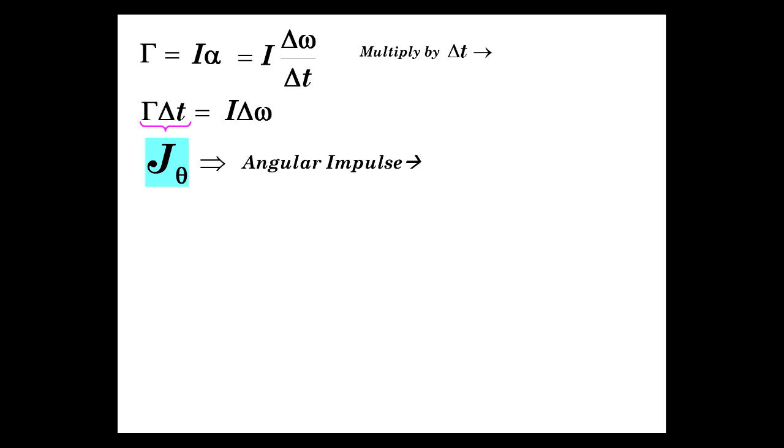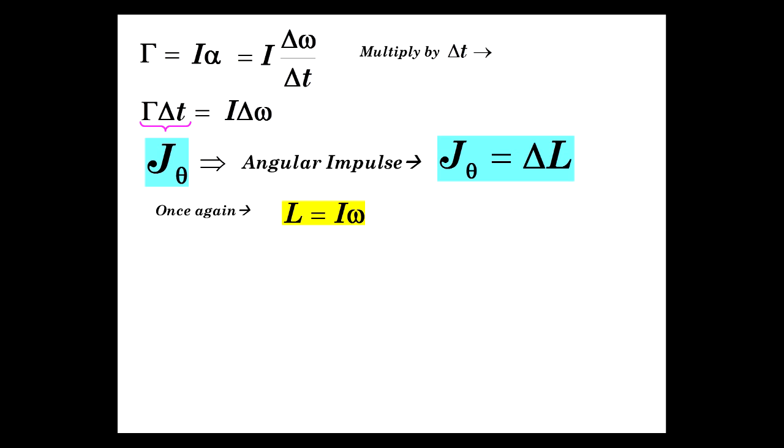We've had J before for linear translational quantities, namely impulse, regular impulse. Now we have angular impulse, and that is change in angular momentum. Just like regular impulse, translational impulse is change in momentum.